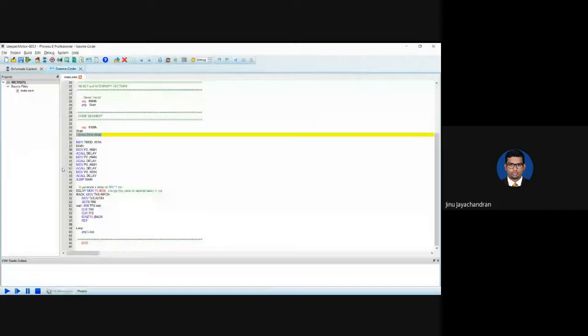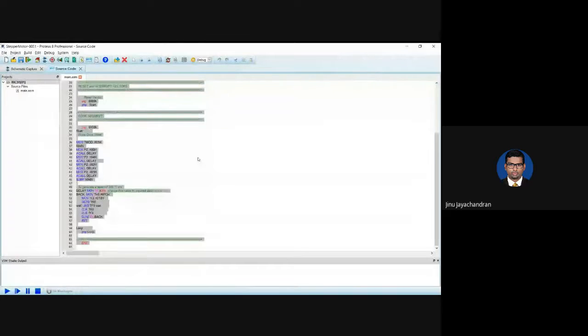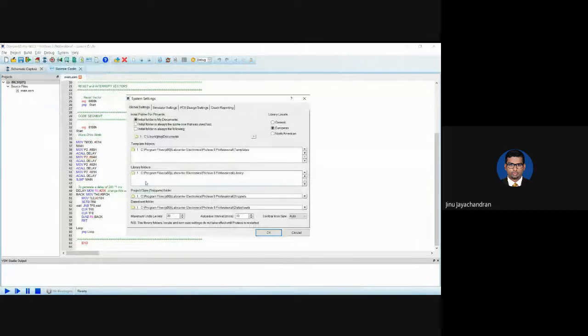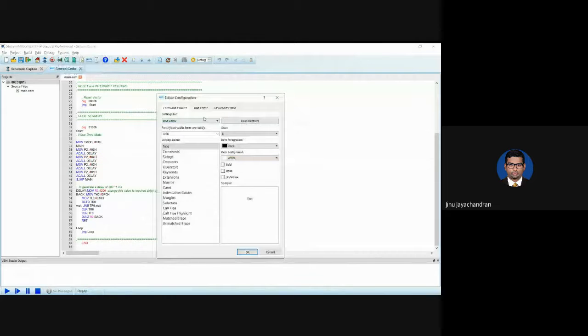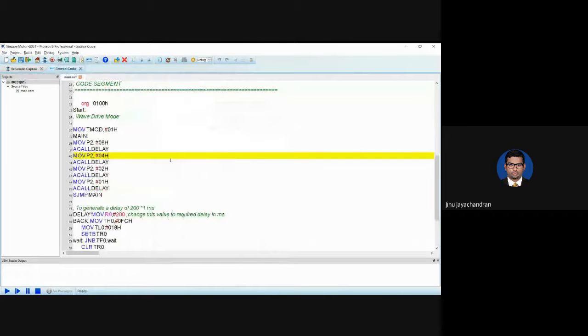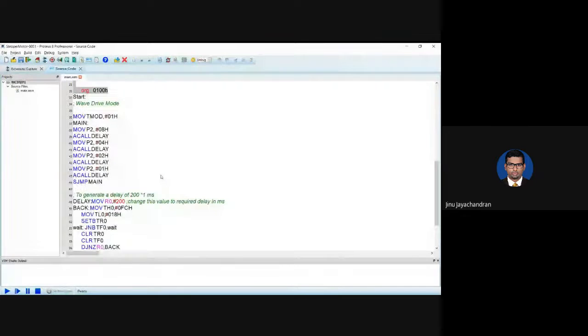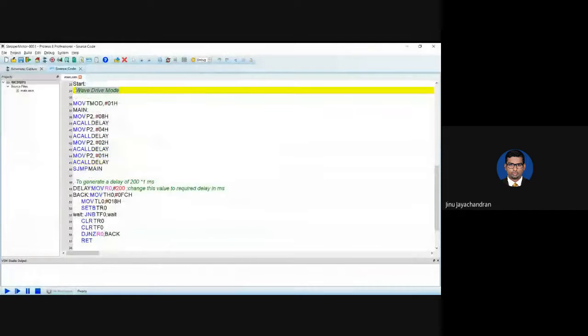I hope you can see what I am showing here. So this is the code. This part is all directly from Proteus only. The only thing that I have written is this part. You see that I have put this in wave drive mode.